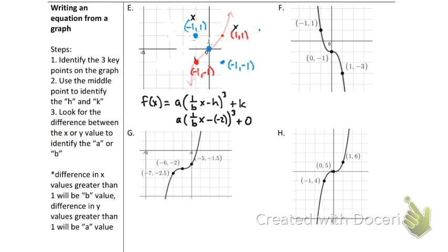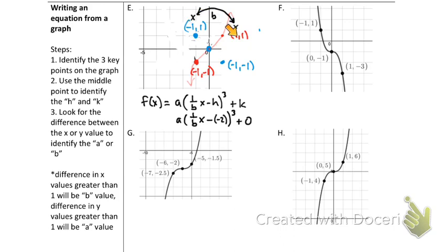So we're going to compare our X's together. And this comparison is our B value. So what we're going to ask ourselves is, what did we have to multiply our original point's X by in order to get -1?